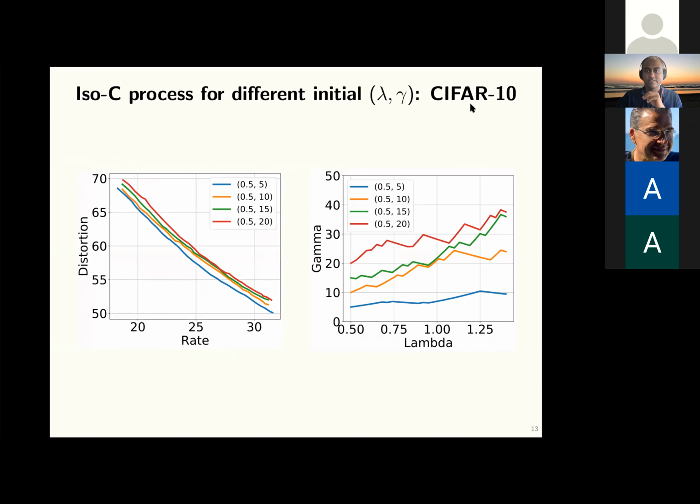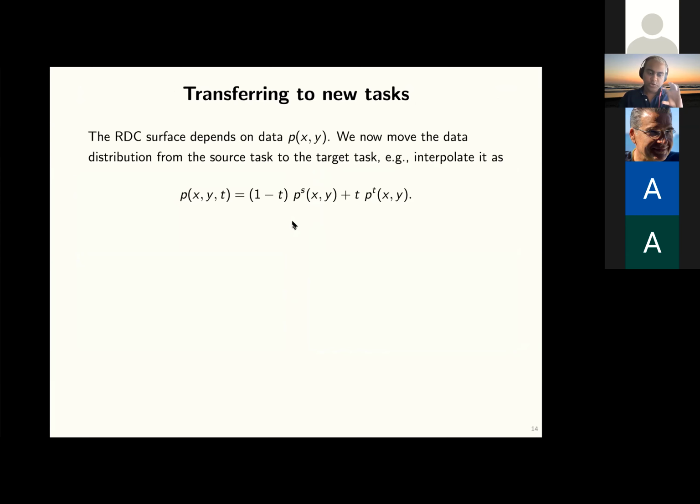This is the CIFAR10 dataset, and I'm plotting rate and distortion for constant values of classification. And you can see that I am on the rate distortion curve for different values of lambda and gamma. So I pick a particular lambda and gamma, let's say the blue one, I start my training, I fall somewhere on the blue curve, and then I keep changing them. I keep changing lambda and gamma as you see on the right-hand side, and can travel the surface at a constant classification loss.